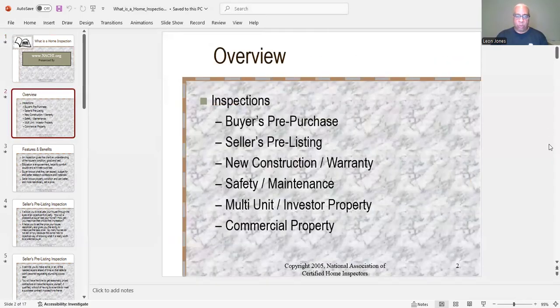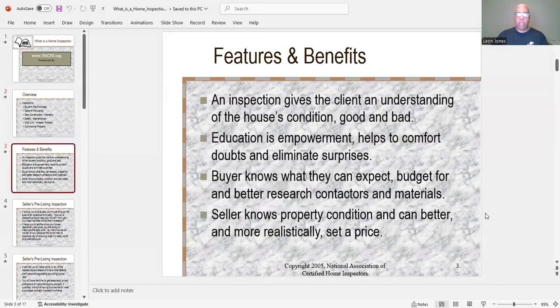As the overview, inspections include buyers pre-purchase, sellers pre-listing, new construction, warranty, safety, maintenance, multi-unit, investor property, and commercial property. Again, the benefits: a home inspection gives the client an understanding of the house's condition, good and bad.